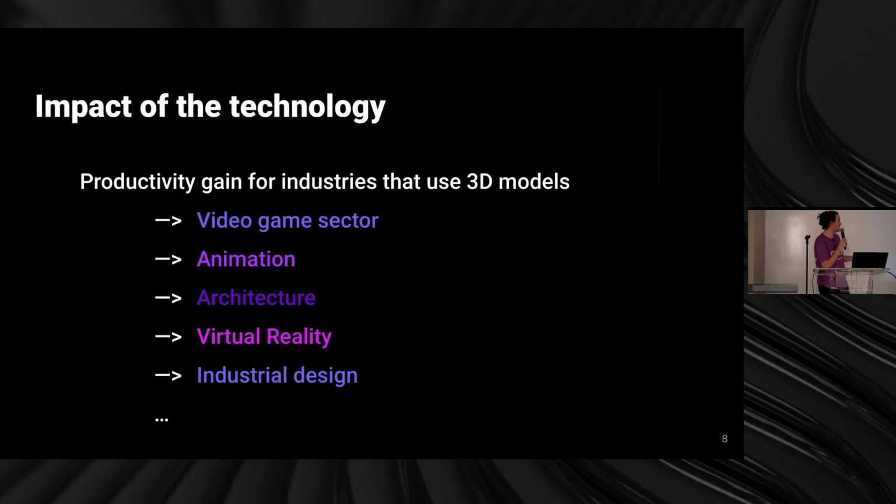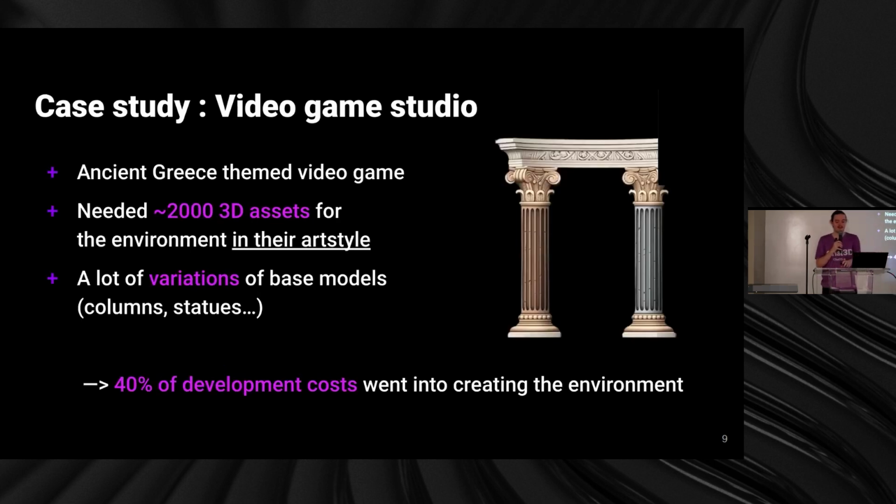I've listed some here: the video game sector, animation, architecture, virtual reality, industrial design, as in CAD models, could all be affected if the technology of 3D generative AI actually came to be and was easy and fast to use.